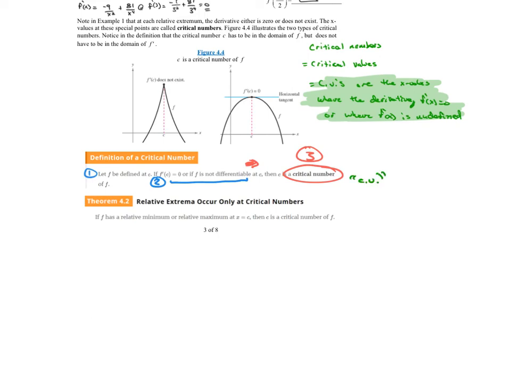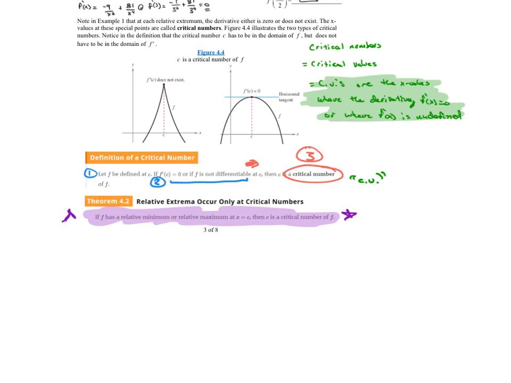Okay? Now we come to the big daddy of them. It says the next theorem: if f has a relative maximum or a minimum, it must occur at a critical number. So, how are we going to find maximums or minimums? We're going to find all the critical numbers. How do we find the critical numbers? We find the derivative, and we set it equal to 0 or undefined.